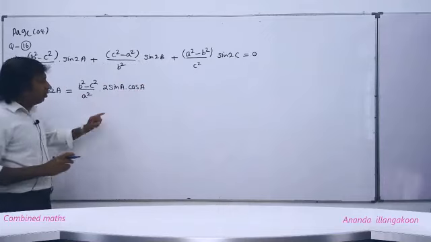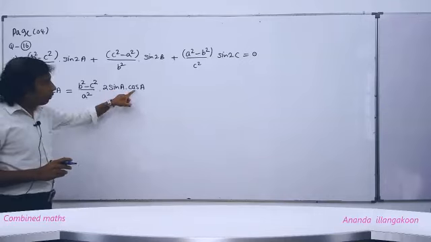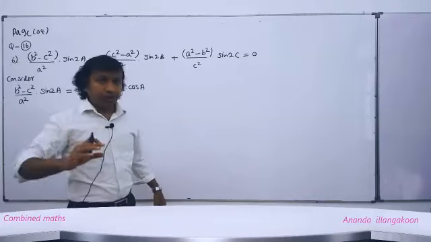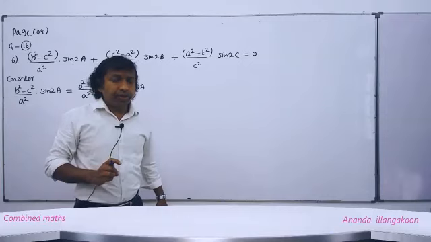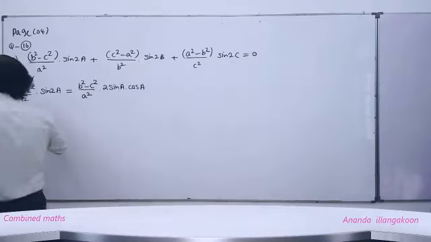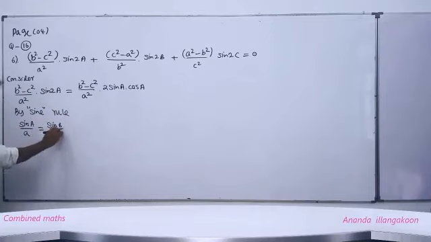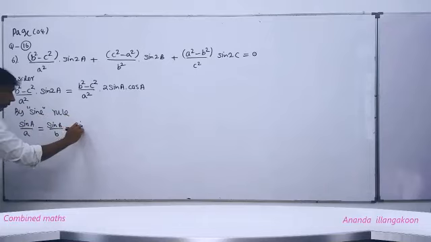Right. By sine rule, we substitute for sin a. By cosine rule, we substitute for cos a. You know what is sine rule? By sine rule, we know we can write sin A by a equals sin B by b equals sin C by c.